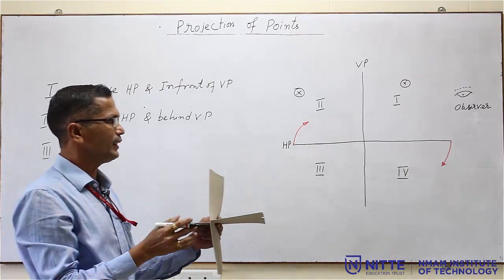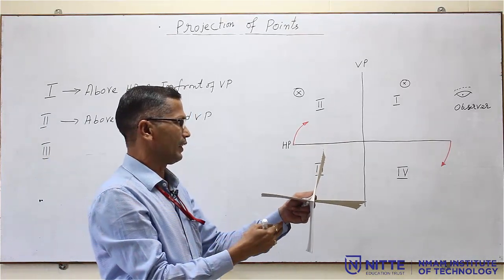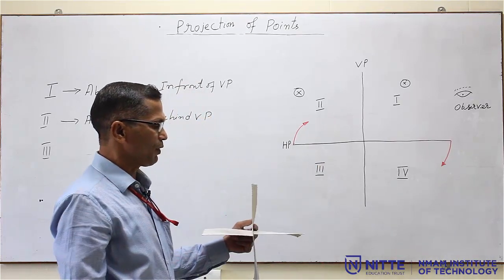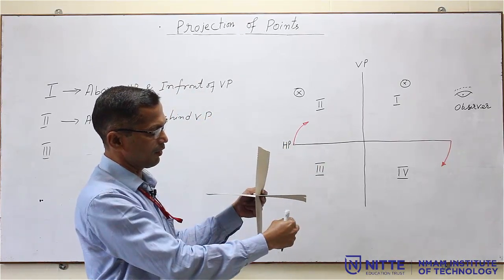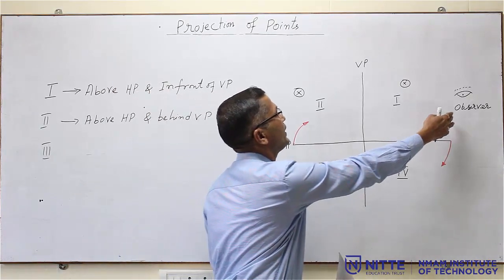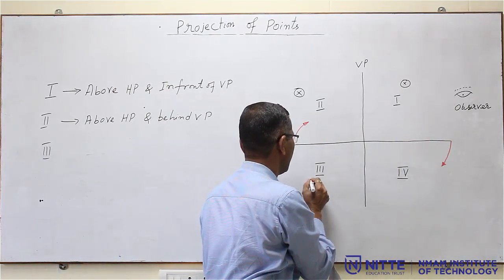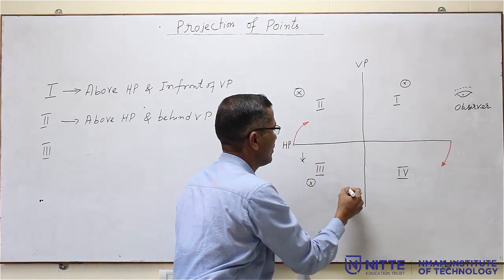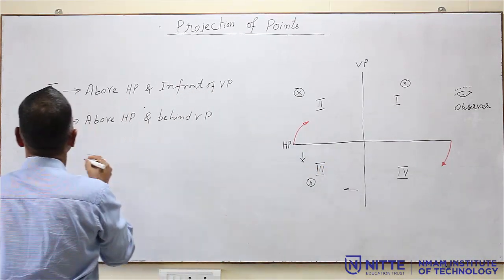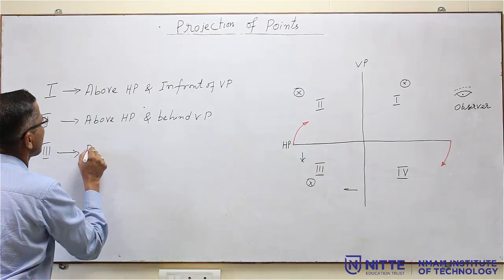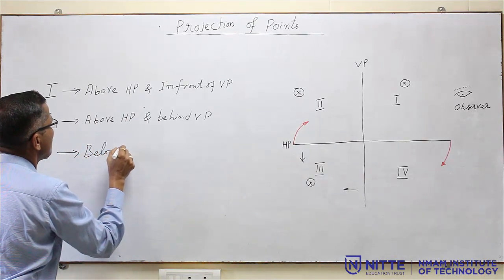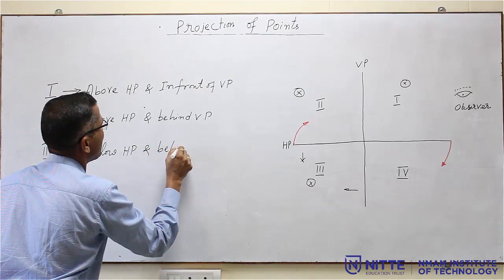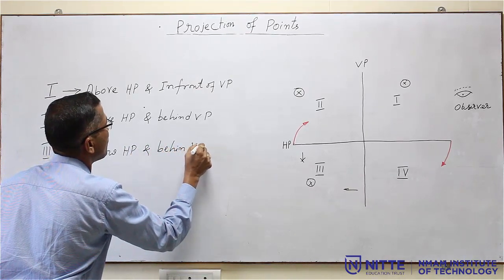Now, if the point is in the third quadrant here, for the observer this is first, second and third quadrant. The point is here in the third quadrant, it looks like below HP and behind VP.